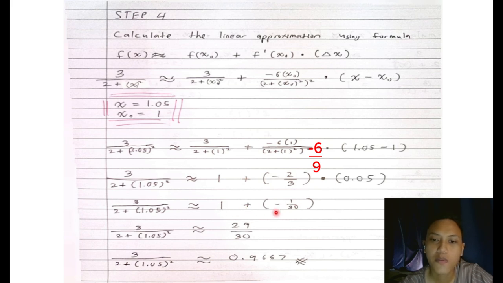And 1 plus negative 1 over 30 becomes 29 over 30. Changing this into a decimal, 3 over (2 + 1.05 squared) is approximately equal to 0.9667. That's all from me.